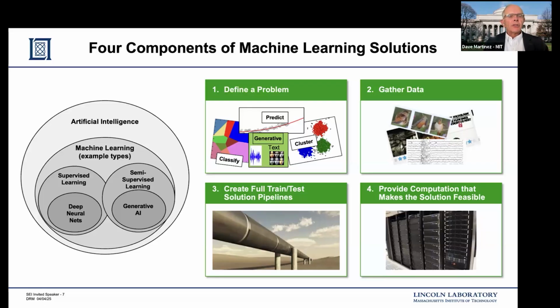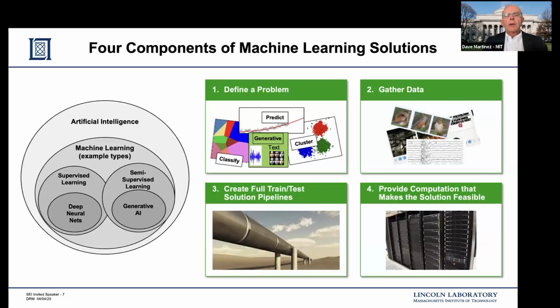The left side of this chart is less appropriate for this audience, but in general I use the ovals on the left side because oftentimes people mix machine learning with artificial intelligence. Machine learning is the algorithms, a subset, but artificial intelligence is the end-to-end implementation of data, algorithm, computing, human-machine teaming, all of those put together.